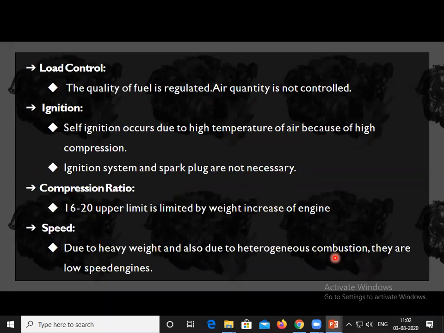That means within the cylinder, we have both air and fuel separately. So that's why we call it heterogeneous combustion. Homogeneous combustion means before coming to the cylinder they mix. Heterogeneous means after coming into the cylinder, air and fuel mix. So that's why we have low speeds here.